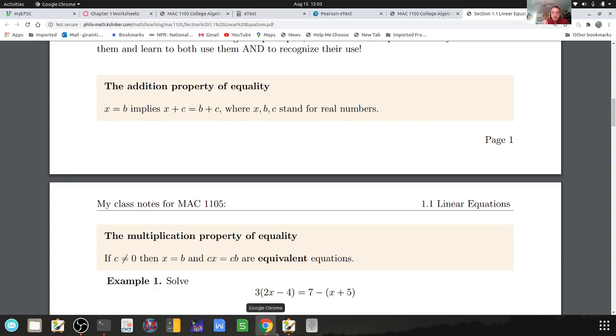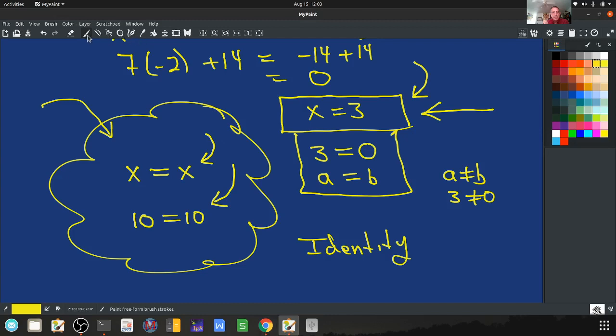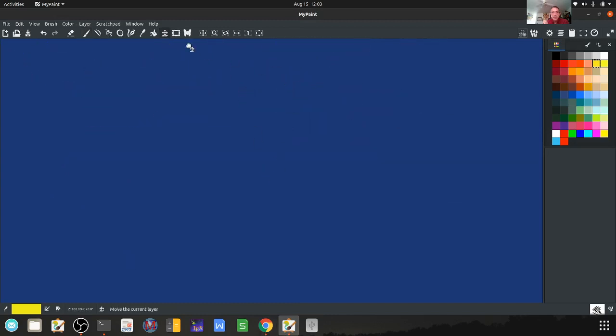So let me give you an example of that. In mathematics, we deal with a lot of generalities. So let's think of a true statement. Let's say x is equal to 10. So that's kind of like saying x equals b. In this case, 10 is equal to b.